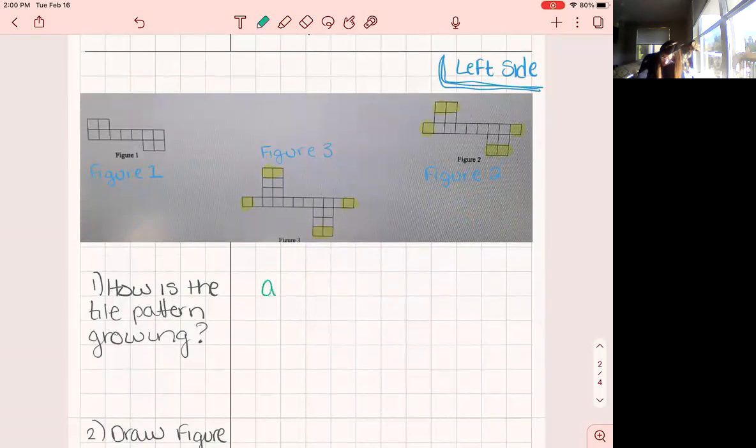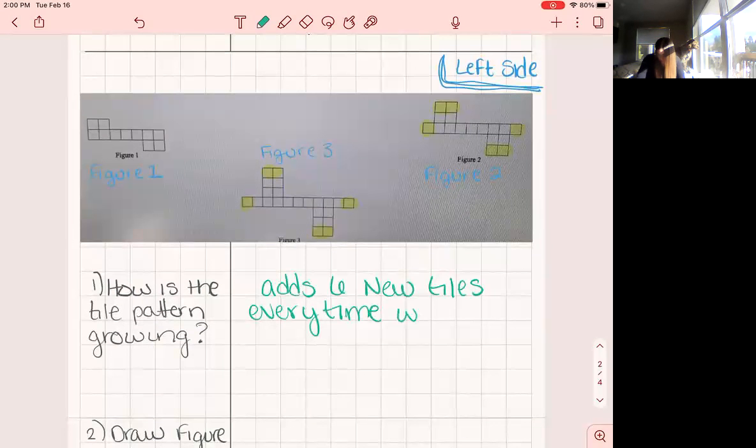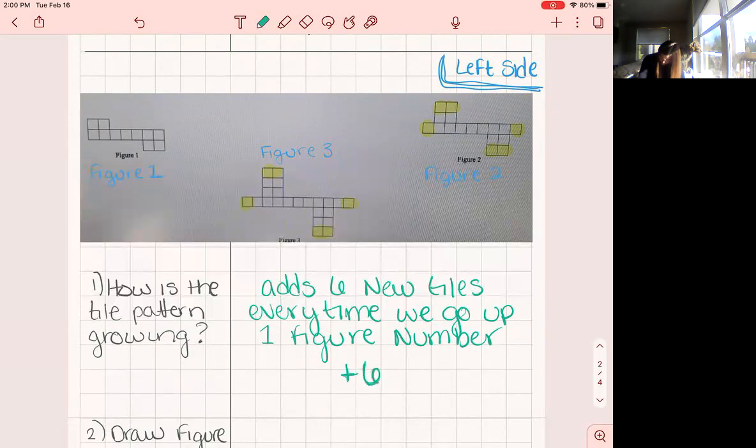So it adds 6 new tiles every time we go up 1 figure number. And then under that sentence, we can put plus 6.